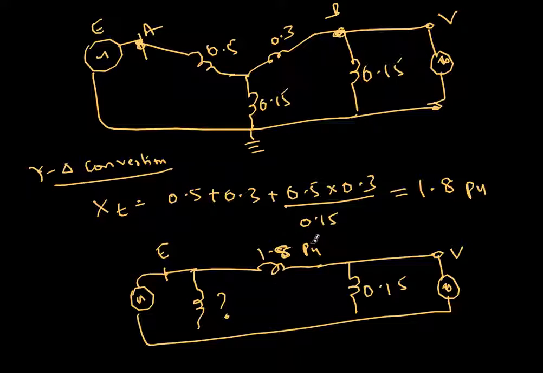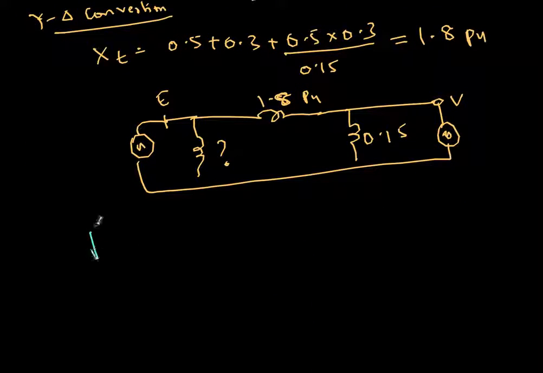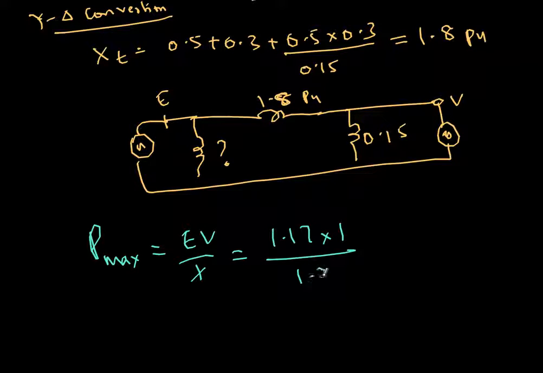So this is what matters when calculating the maximum power transfer capability. So Pmax will now be EV by X, which is 1.17 into 1 divided by 1.8. So this is 0.65. So this we are denoting as Pmax 2.